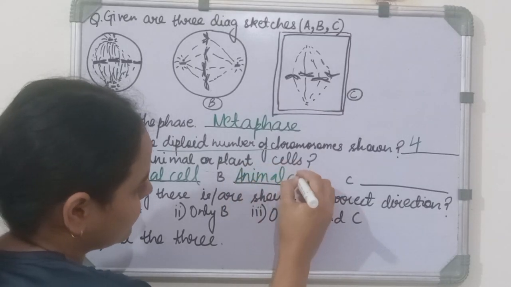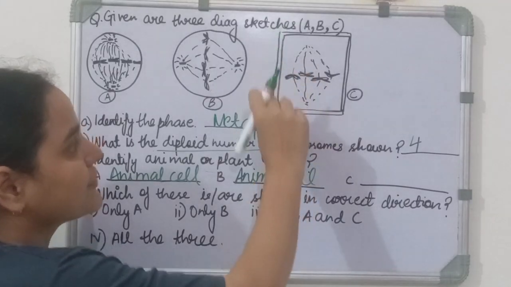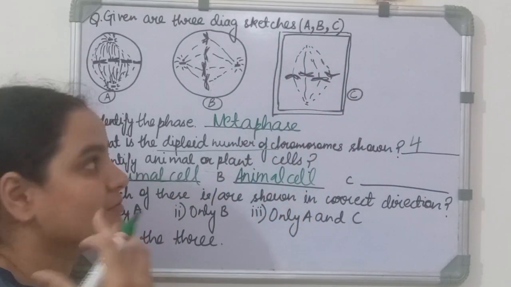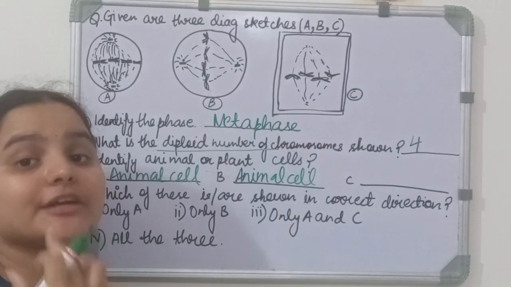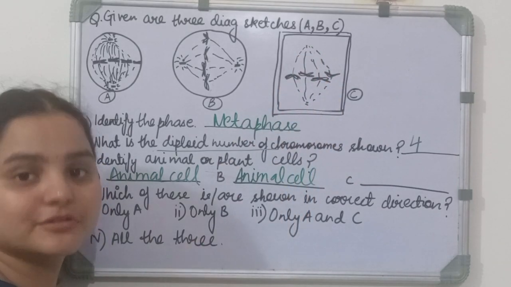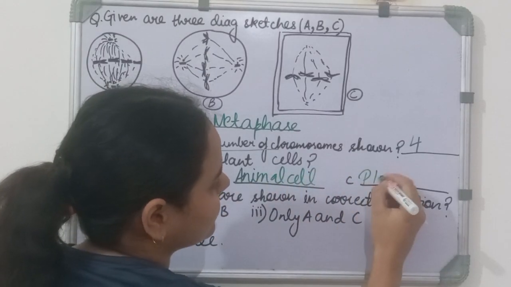Now in case of C we can see an outer boundary which is known as cell wall, then cell membrane, and inside we can see that centrosomes are absent. So it happens only in case of plants. So C is a plant cell.